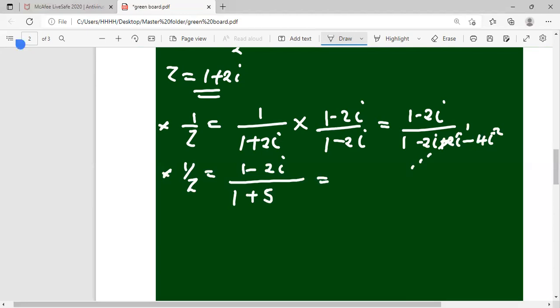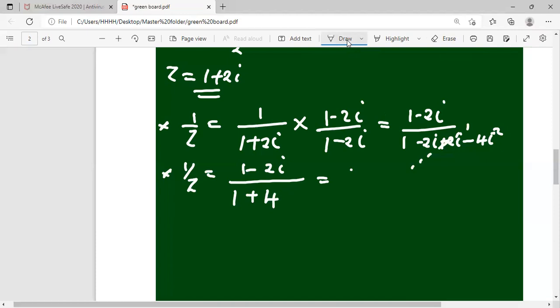Take note, this is not the 5, but the 4. Positive 4. All right, so those are mistakes that can be made, so need to be careful. So this is 4.